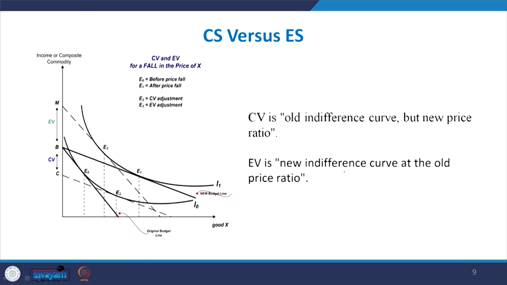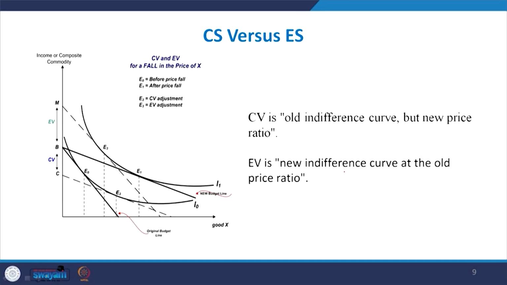Now, the equivalent variation is the new indifference curve at the old price ratio. So, old price ratio, new indifference curve. Now the new line is parallel to the initial budget line. So, the movement is from E1 to E3. So, that is MB. So, MB is equivalent variation.